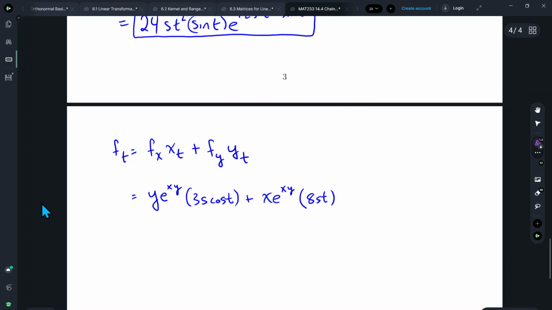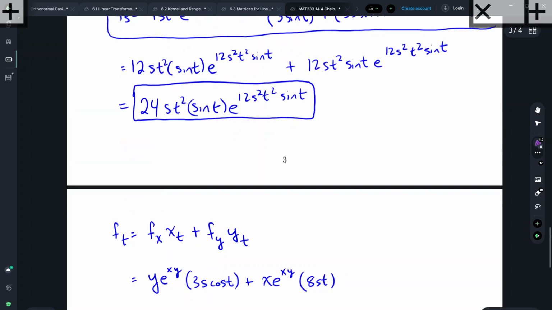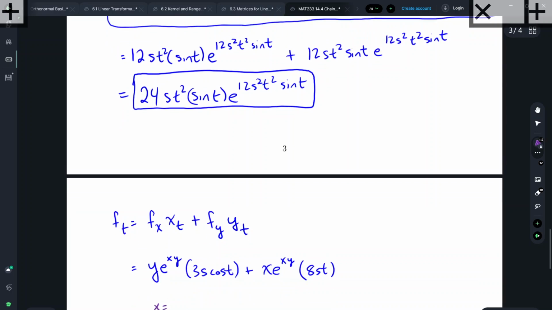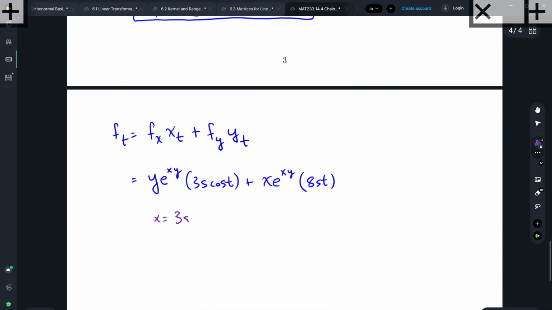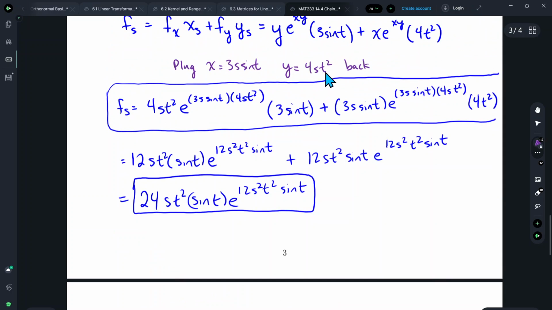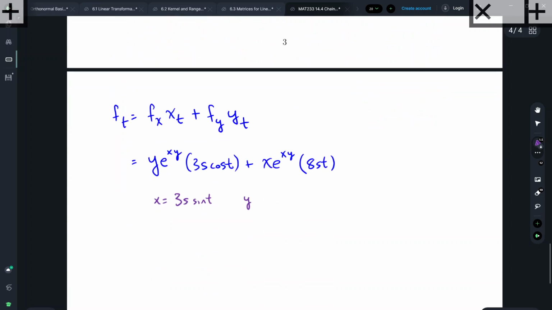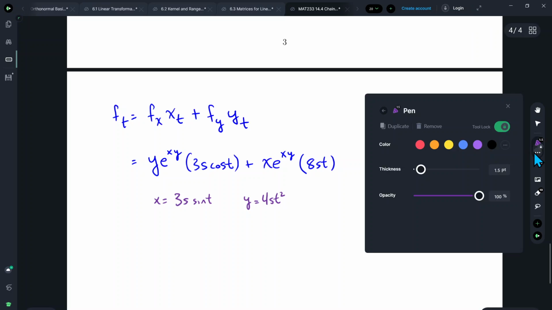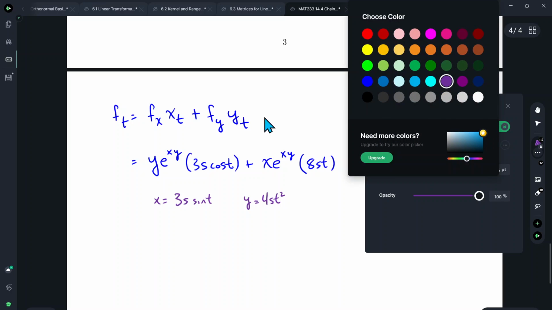So let's just quickly remind us what was x. X was 3s sine t. And what was y? Y was 4st squared. Okay, so we plug that in.